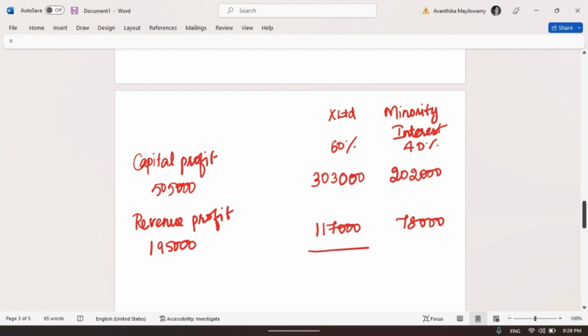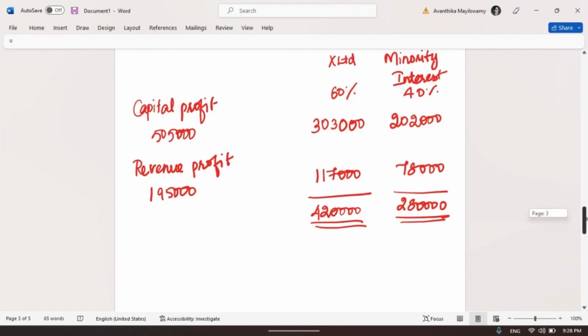So now let's total it up and find the share of each party. So for X Limited, it is equal to 3 lakh 3,000 plus 1 lakh 17,000, which is equal to 4 lakh 20,000. Whereas for the minority interest, it is 2 lakh 2,000 plus 78,000, which is equal to 2 lakh 80,000.